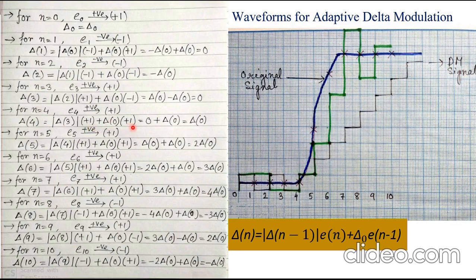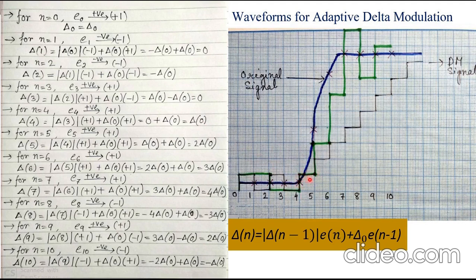So this is 0 plus delta 0. So it will be delta 0, because the value of delta 3 is 0. 0 into plus 1 is 0 plus delta 0 into 1. So it will be delta 0. So here it will increase like this. So for n equal to 4, the graph will increase like this.